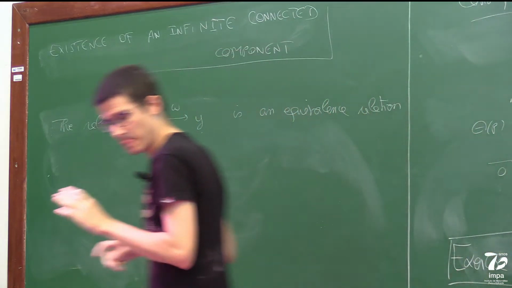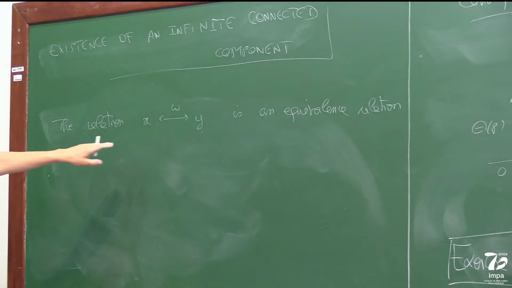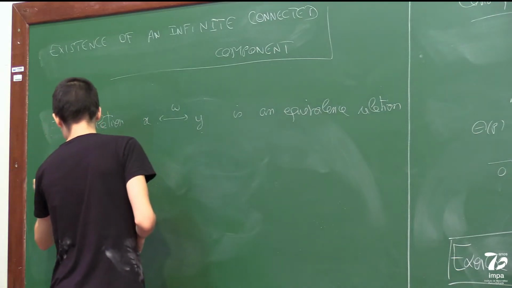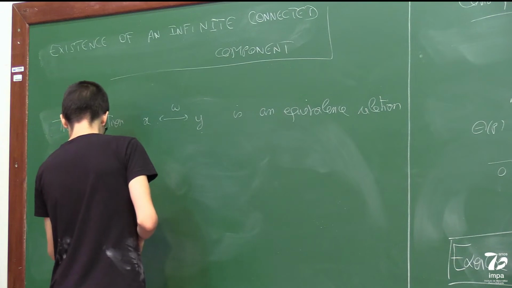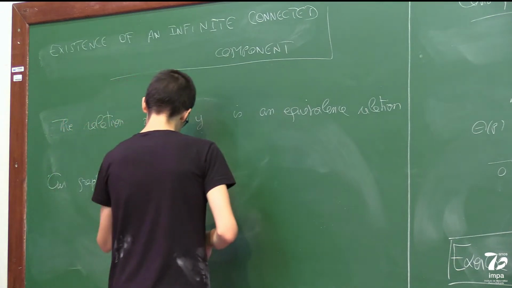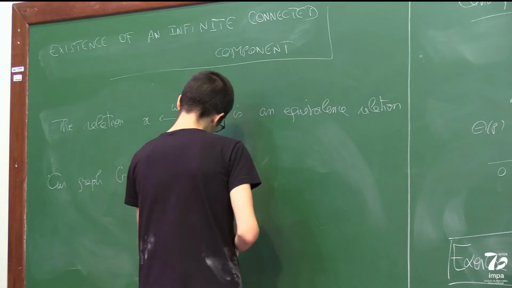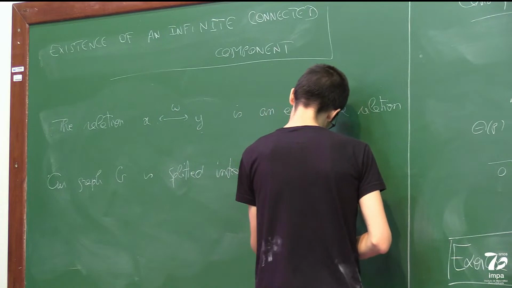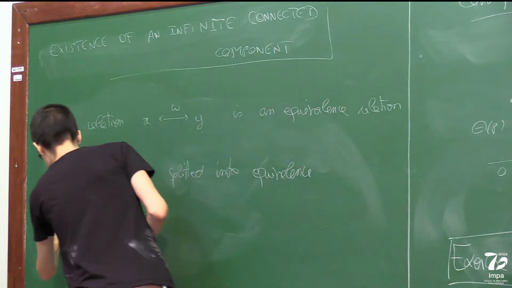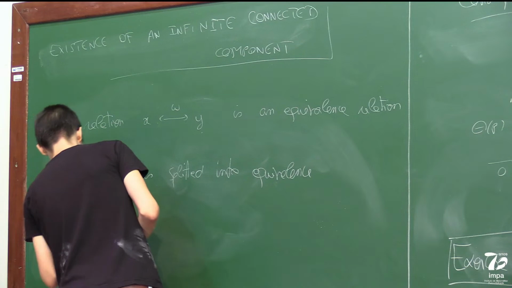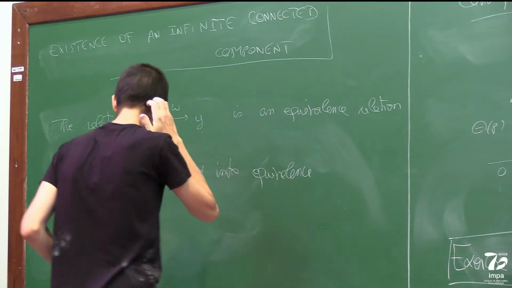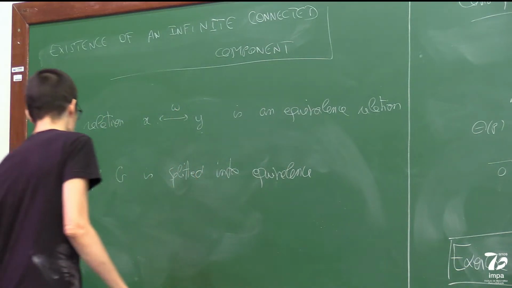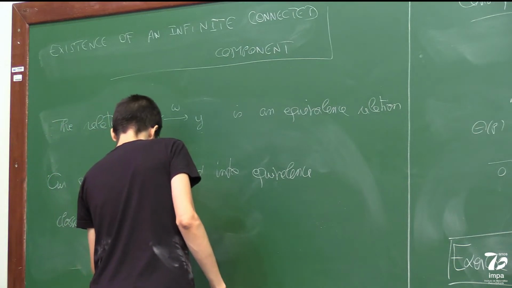So this relation of connectivity is an equivalence relation. So basically, we can split our graph G into equivalence classes, and these equivalence classes are called percolation clusters.